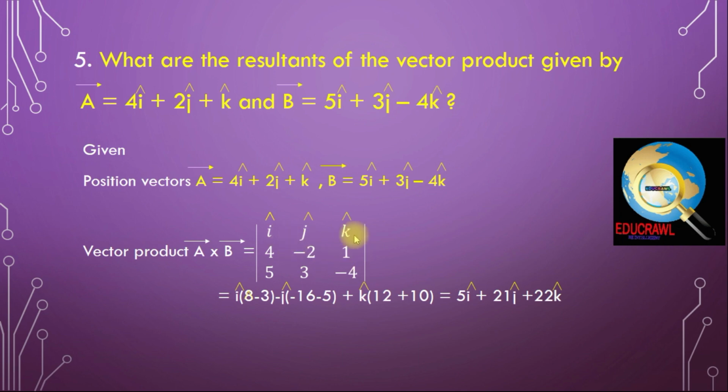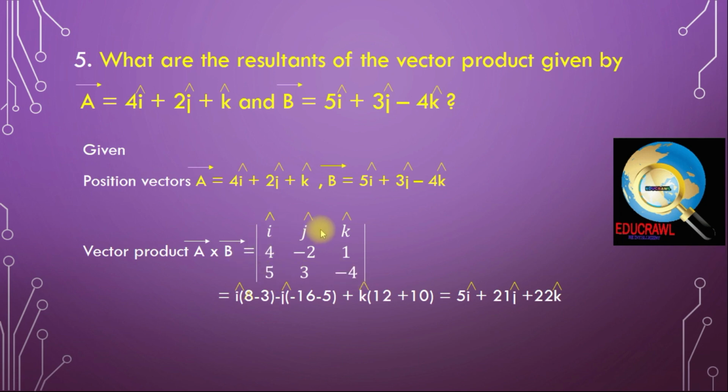The first row will always be the same: i cap, j cap and k cap. The third row will be the components of the second vector. The second vector is B vector, whose components are 5, 3 and minus 4. So that forms the last row: 5, 3 and minus 4.